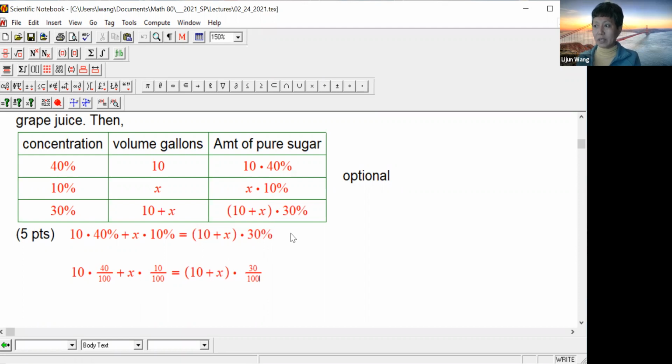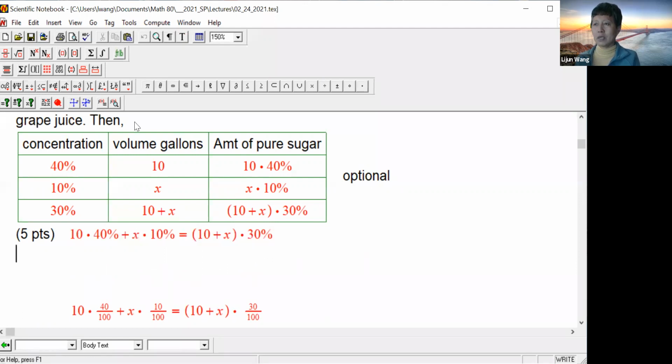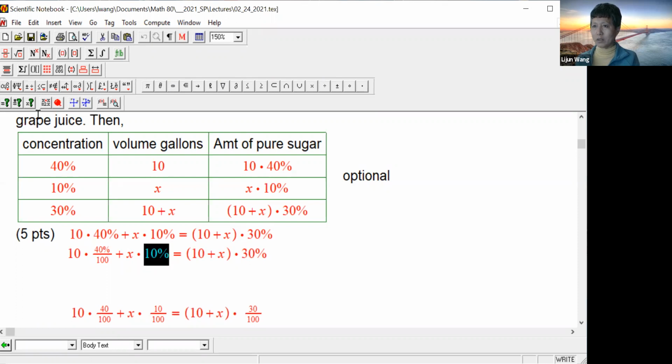I want to point out a common mistake. I saw this mistake a lot. Some of my students who took this class in the past like my fraction method, and they will do this. So, oh, I like Ms. Wang's fraction method, so I'm going to make that case too.